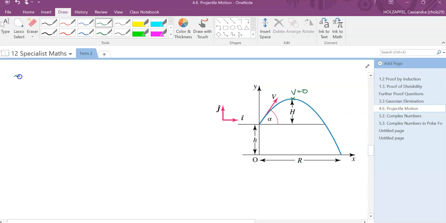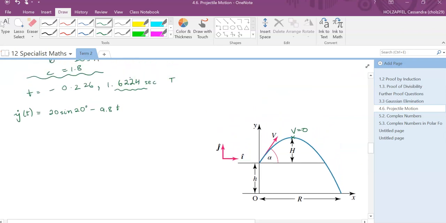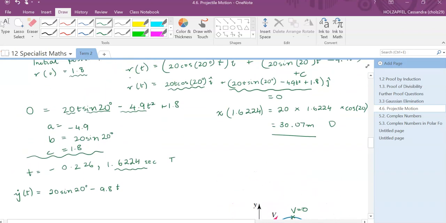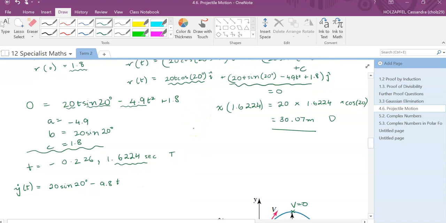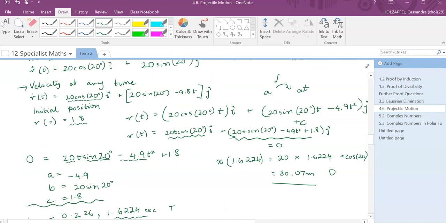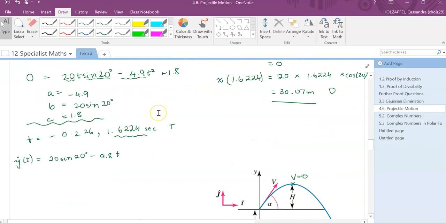If we're just looking at the vertical component of the velocity, then that's going to be equal to 20 sine 20 take away 9.8t. Again, that's just come from this previous example here. All I've done to get that into this form was differentiate it. Or you could take it from the previous one because we'd actually have it up here as well.